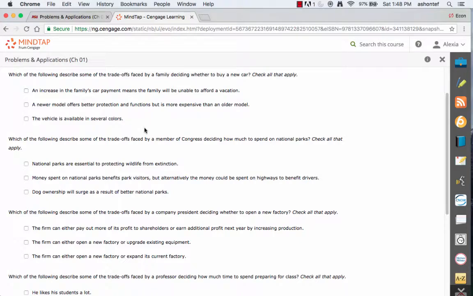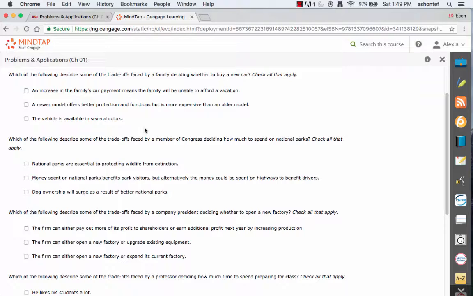So we'll do a couple of these questions. The first one says, an increase in the family's car payment means the family will be unable to afford a vacation. That's telling you that when this family buys a new car, if they choose to do so, it will cause them to have a new payment they otherwise wouldn't have, and it will be at the cost of being able to go on a vacation.